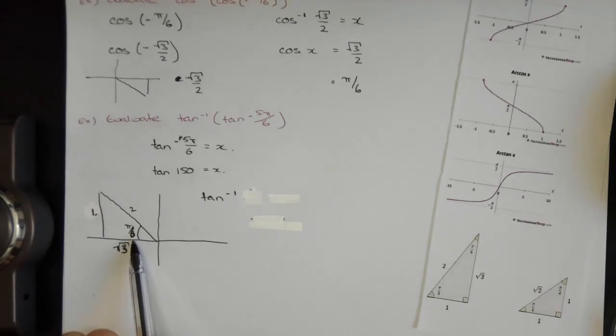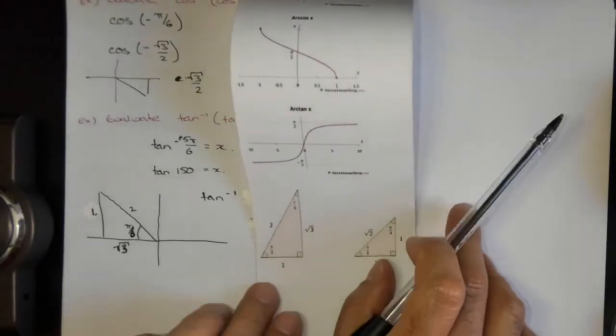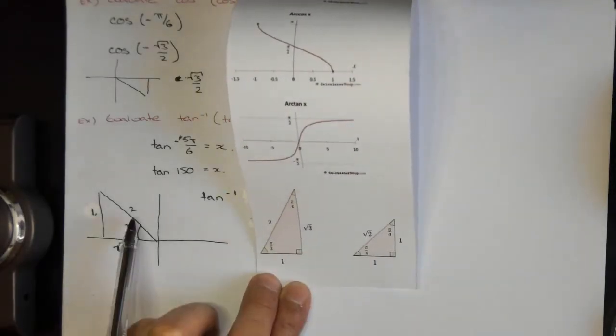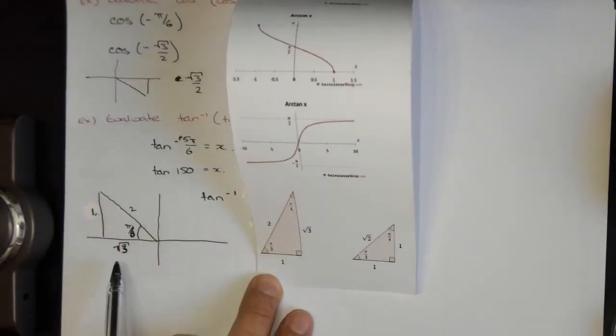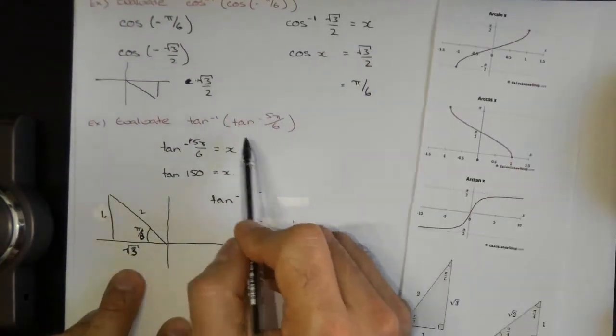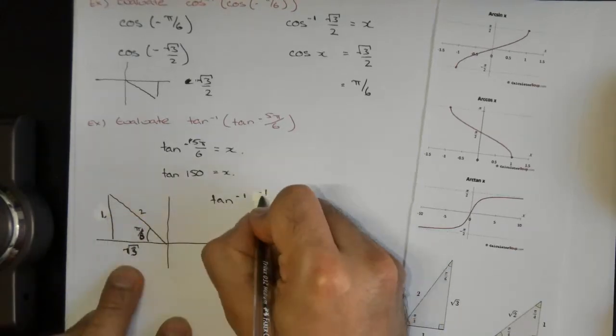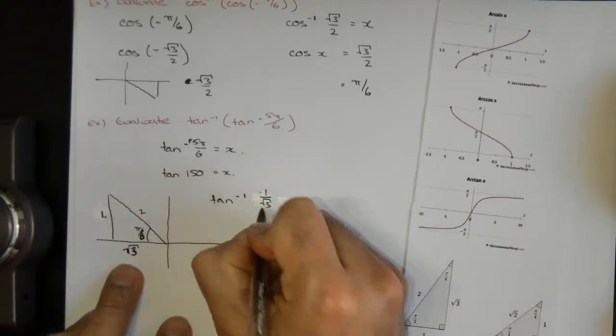So pi on 6, using our exact triangles, we have 2 and we have square root 3 and 1. So the tan of this becomes opposite over adjacent.